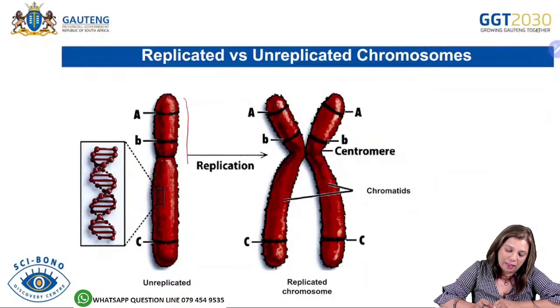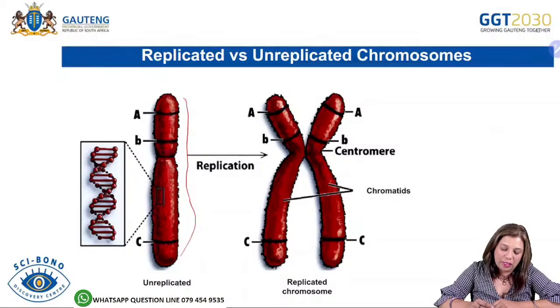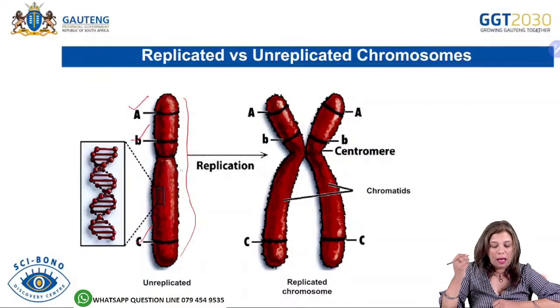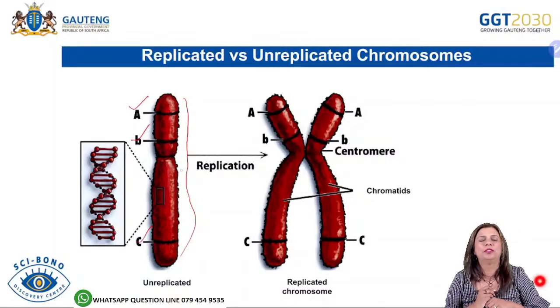It is found in a single structure, and you can see the location of the genes there. Unreplicated means it's on its own. It hasn't made a copy of itself just yet. Okay? And so this is an unreplicated chromosome. If you are asked for the definition, it would be the appearance of the chromosome before DNA replication.